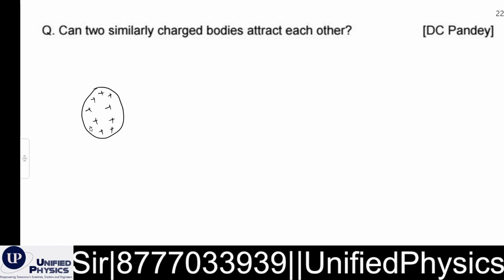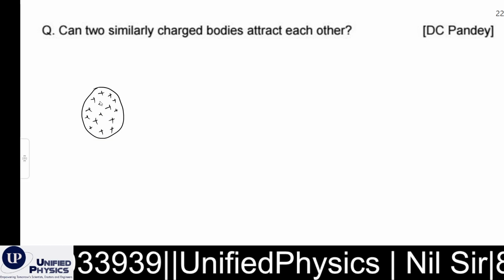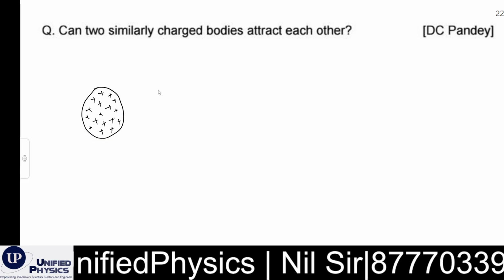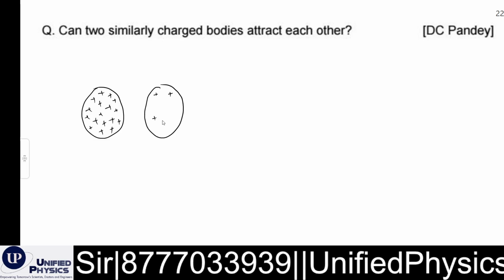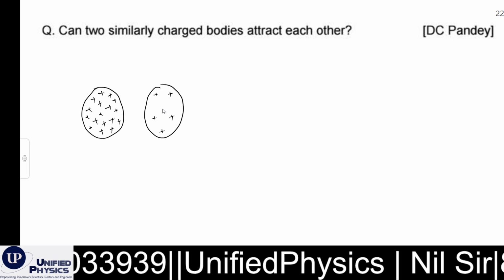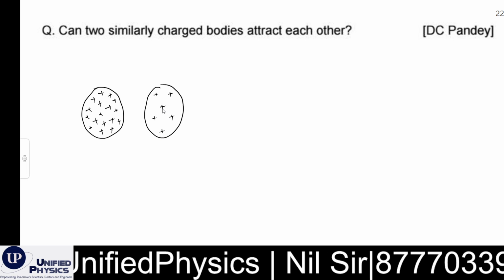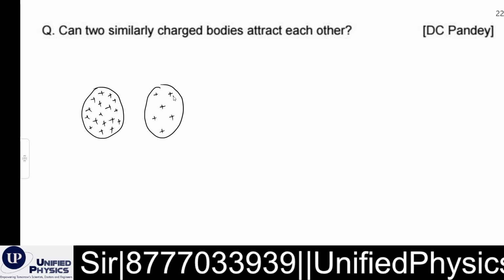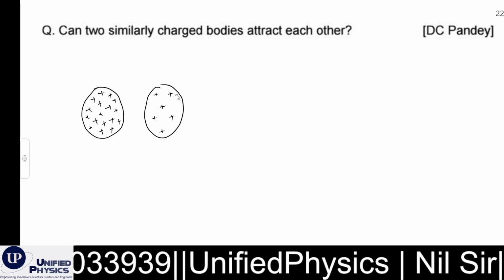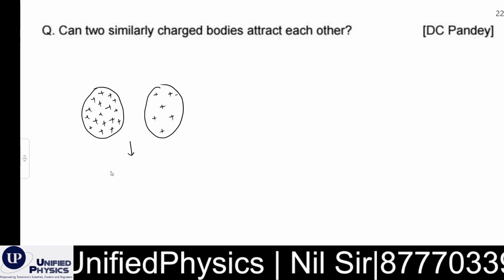a huge amount of charge is there, huge, compared to this charge. Okay, then what happened due to repulsion? So this charge basically moves to this side of this body. The next is what will happen?